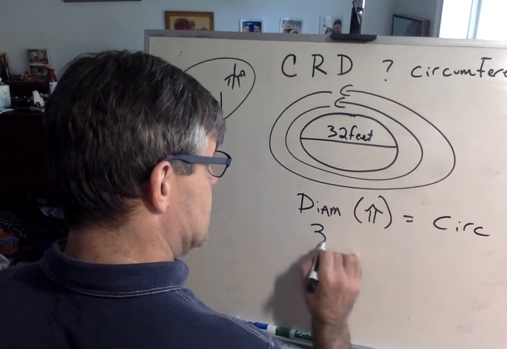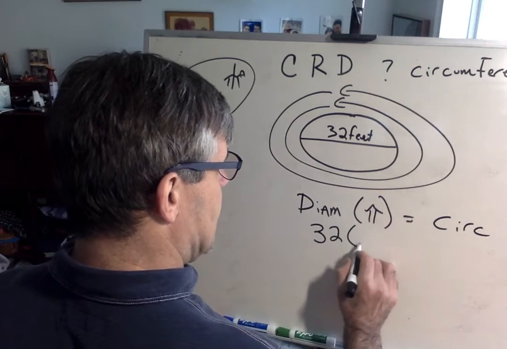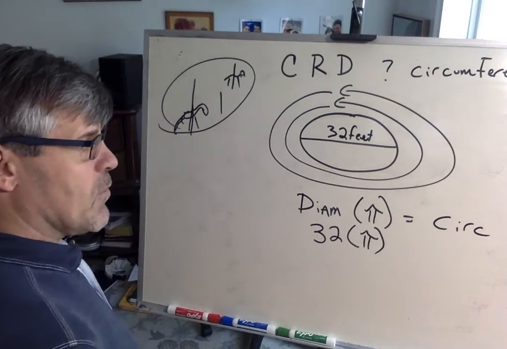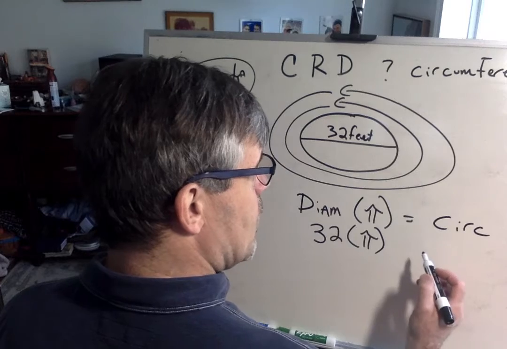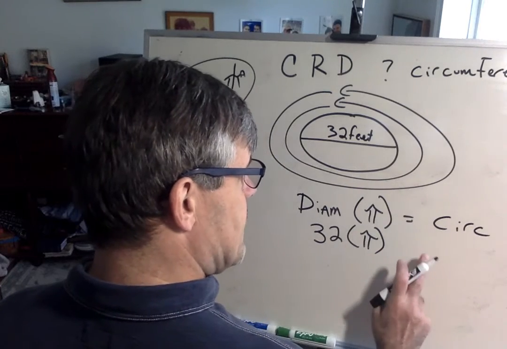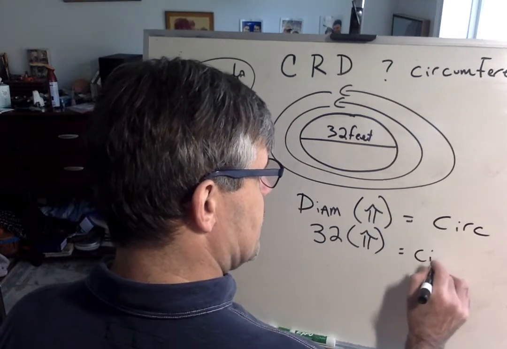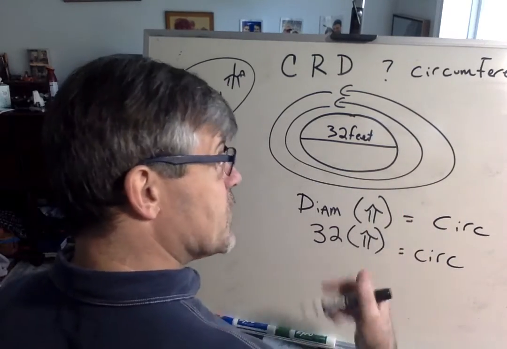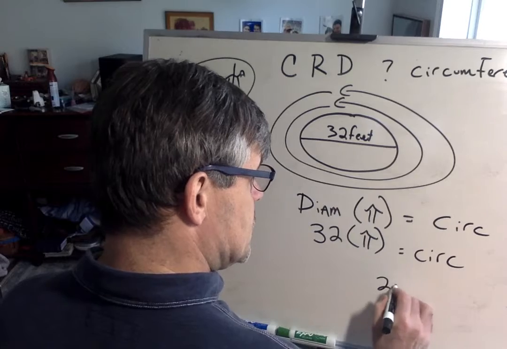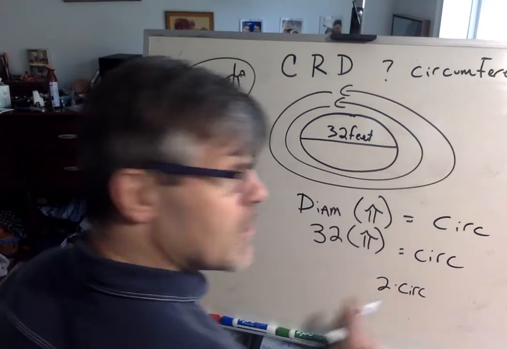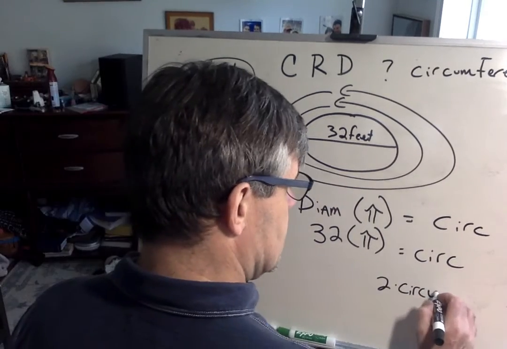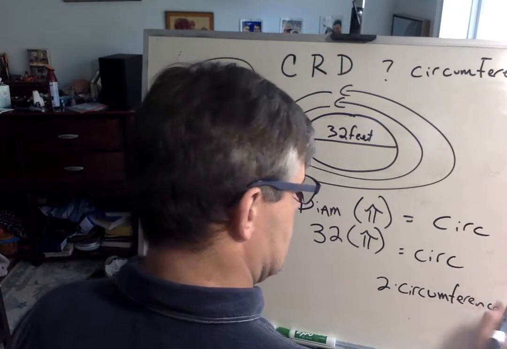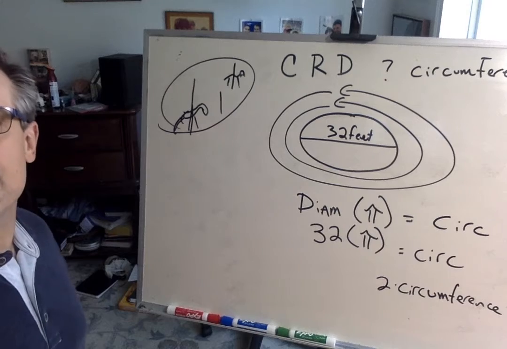So now we have 32 times pi. And you know what pi is, 3.14. That's going to be the circumference. But I'm walking around this twice, so it's actually going to be 2 times the circumference. Hopefully, yeah, 2 times circumference. All right.